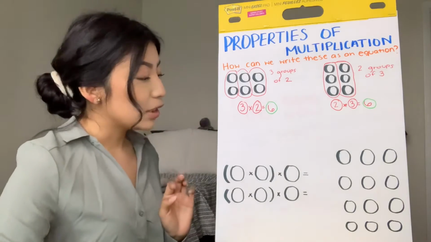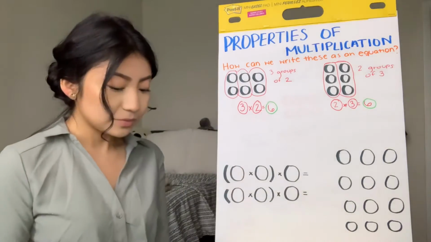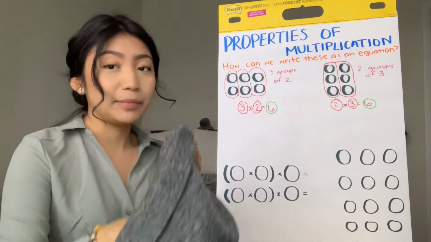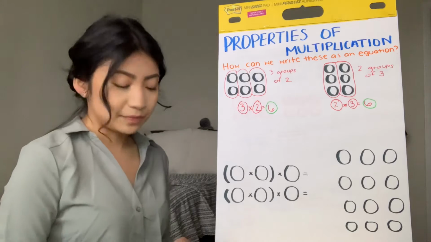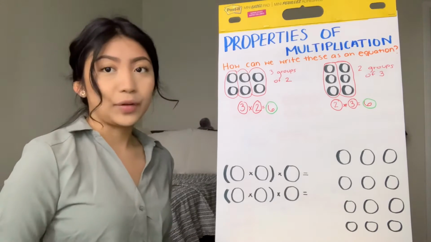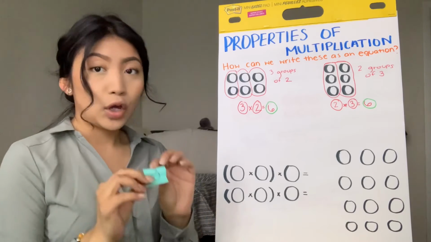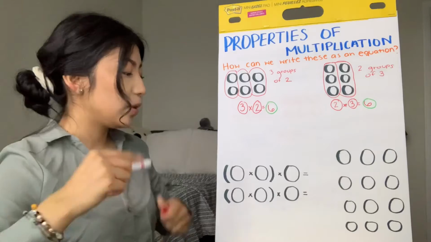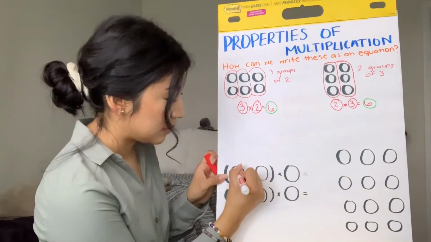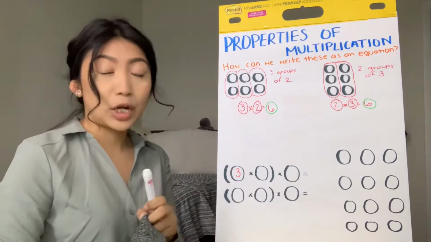All right, so I'm going to have my special hat right here, and I'm going to pick out some random numbers, and we're going to put them in these little bubbles, okay? All right, so let's see our first one. We got a 3, okay? So let's write that 3 in here. Okay, let's pick out another number.